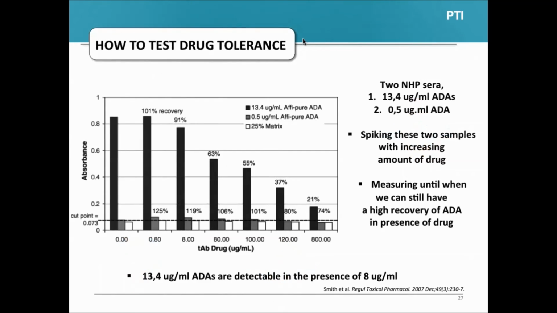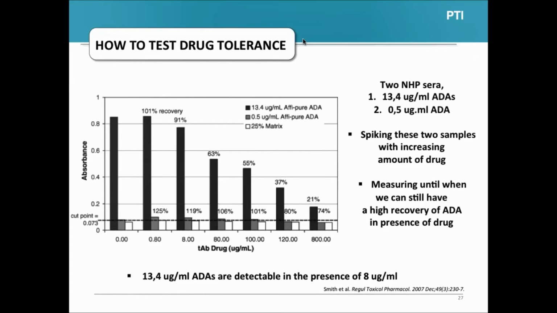And there are, in this example, in the next slide, ways to actually test for this drug tolerance. And when you go through validation of this particular assay, it is not that you have to have a certain limit.